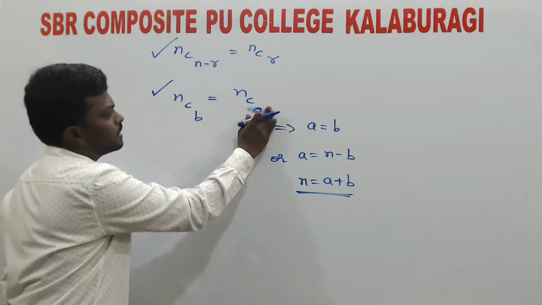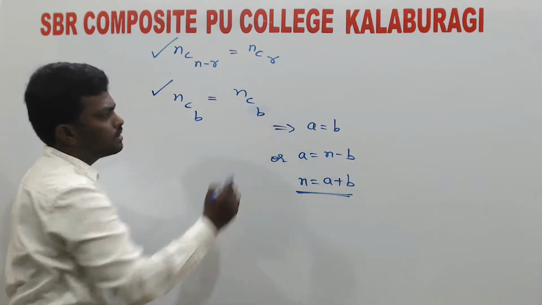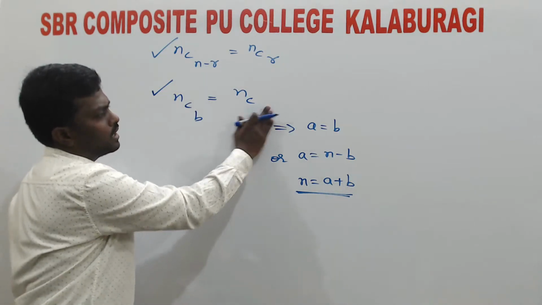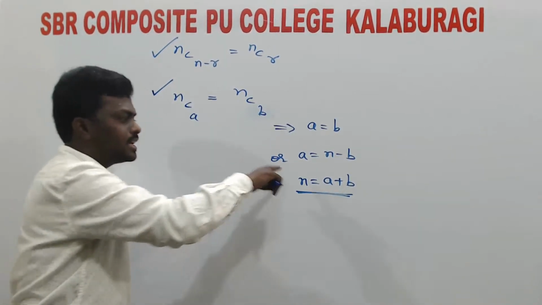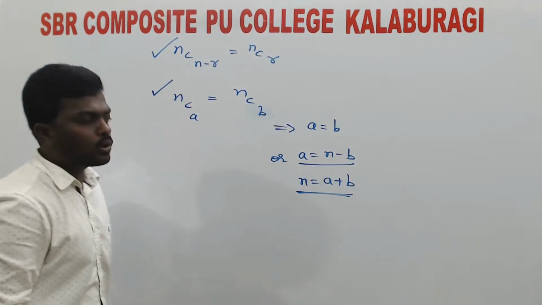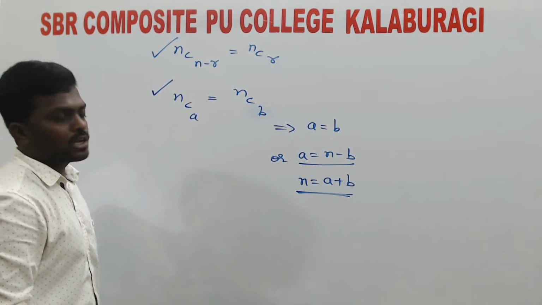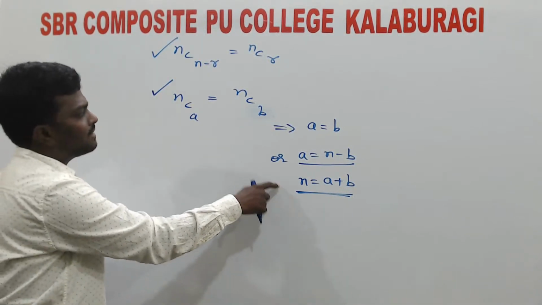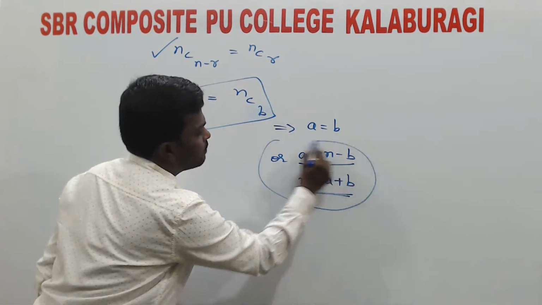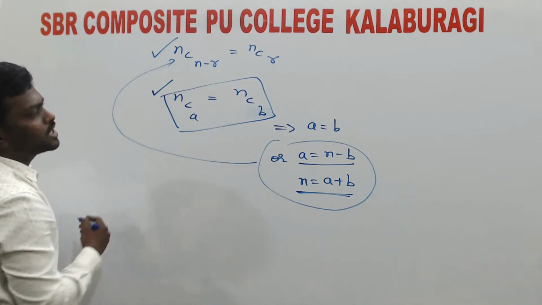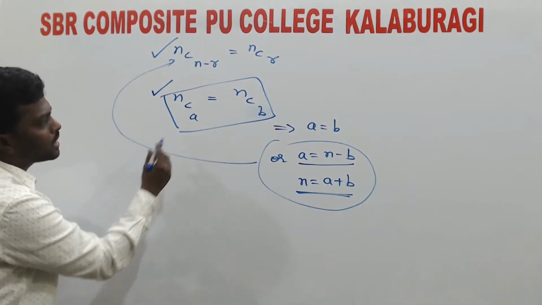So that's why I told you the a is equal to b condition. Or there is one more condition: a is equal to n minus b, or n is equal to a plus b. This second understanding we have taken from the first property.